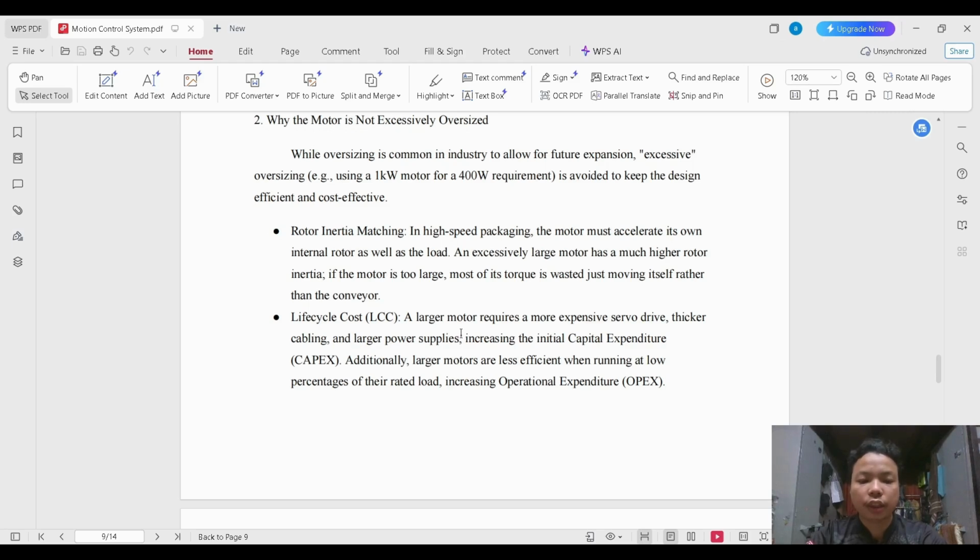It also increases life cycle cost due to larger drive, cable and power consumption. By selecting HG-KR 43, we achieve a good balance between performance, cost, and control stability.